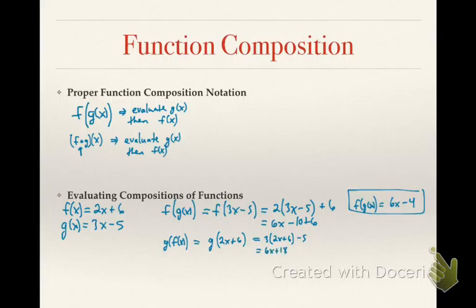That's 6x plus 18 minus 5. So that gives me g of f of x is 6x plus 13. Notice they were different, right? f of g of x is not the same as g of f of x. Order is important when you're evaluating these.